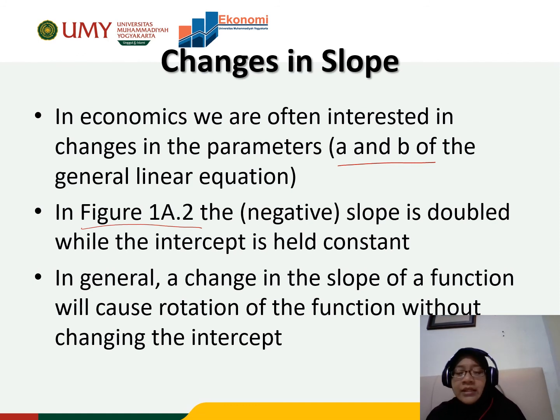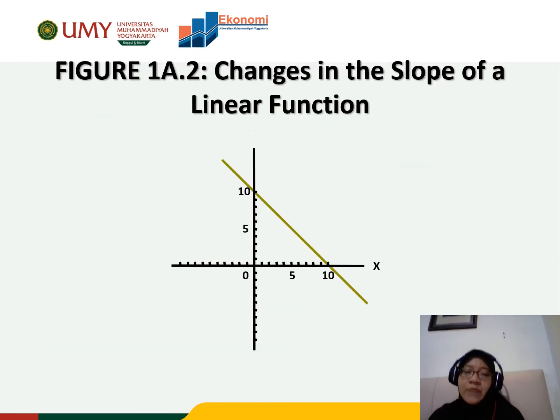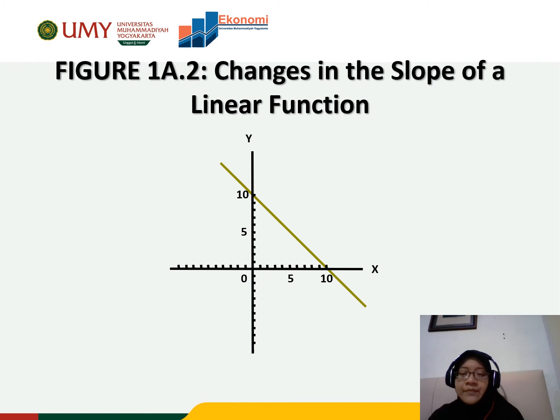In general, a change in the slope of a function causes a rotation of the function without changing the intercept. For example, changes in the slope of a linear function, only changing the x.